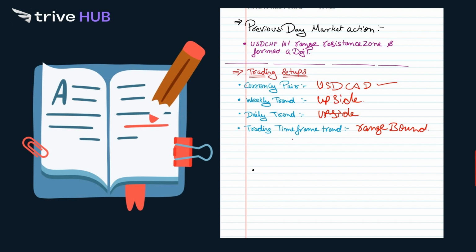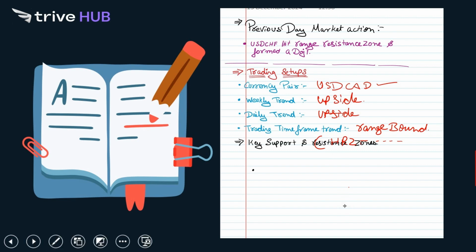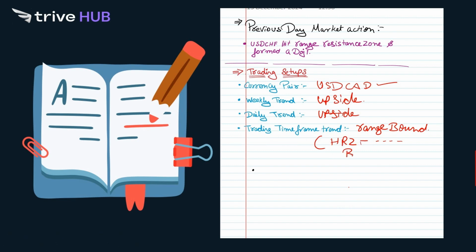And you can also write down a little description about how it is forming its structure and what you can do about it. What we have observed is that a horizontal resistance zone is formed at a certain price, and you can initiate a breakout trading setup. Okay, so this is your plan as of now in USD CAD.